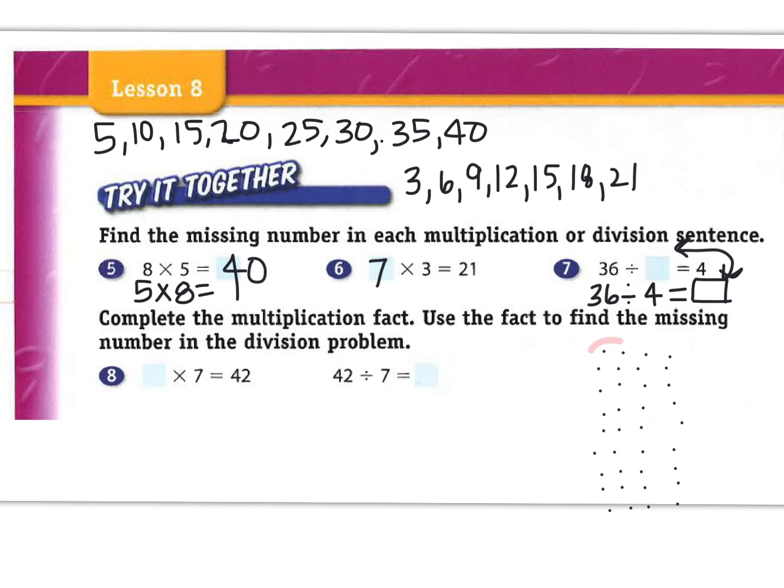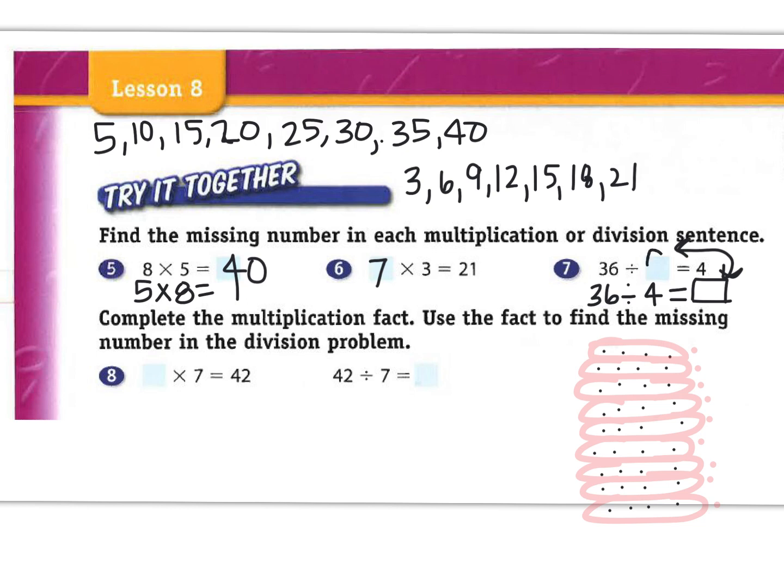So we have 36 and we're going to make groups of 4. So all these groups have 4 dots in them. And then let's count the dots. 1, 2, 3, 4, 5, 6, 7, 8, 9. Count the groups. We have 9 groups. So 36 divided by 9 is 4. And also 36 divided by 4 is 9.